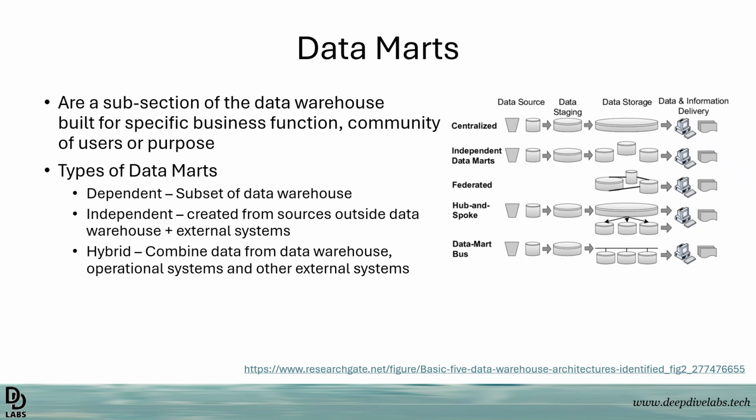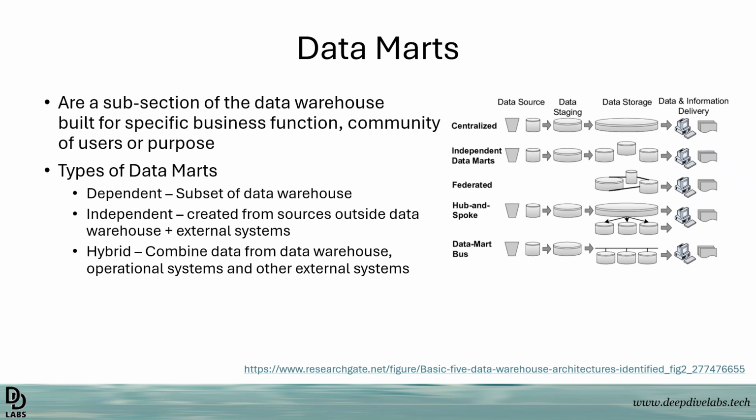One is the dependent data mart, which is a subset of your data warehouse itself, right? Your data warehouse pulls up all of the data, and from that you take a subset for your data mart. Whereas you can also have independent data marts, which are created from sources outside the data warehouse plus your external systems.